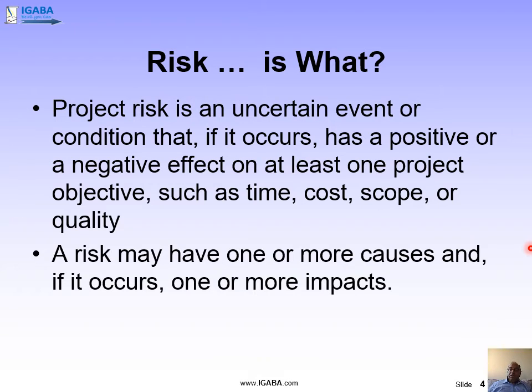The way of dealing with risks is different from the way of dealing with issues. And it's important that you keep a clear idea about the distinction between both. Long story short, risk is something that might or might not happen. And it has one or more causes, and if it happens, it can have one or more impacts on the project and the project objectives.